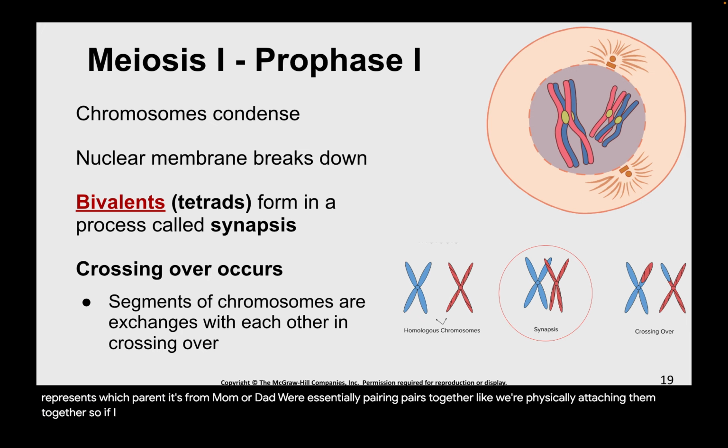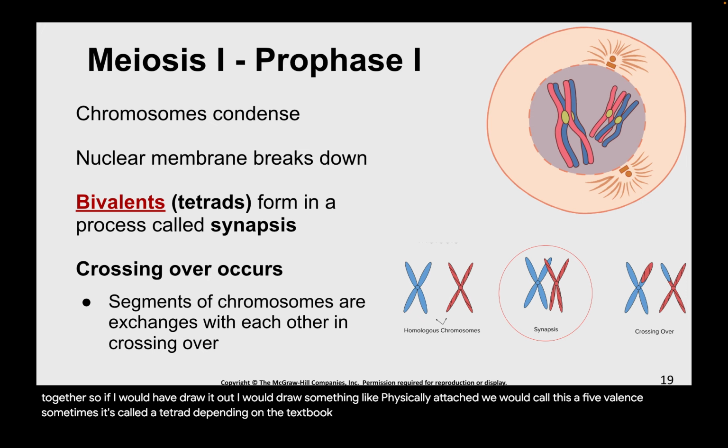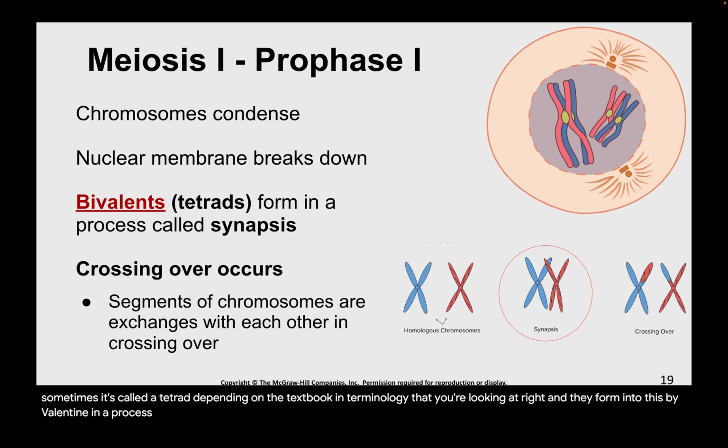So if I were to draw it out, I would draw something like where they're right up next to each other, right? Because they're physically attached. We would call this a bivalent. Sometimes it's called a tetrad, just depending on the textbook and terminology that you're looking at, right? And they form into this bivalent in a process called synapsis. Right? Synapsis is when they're physically joined together.